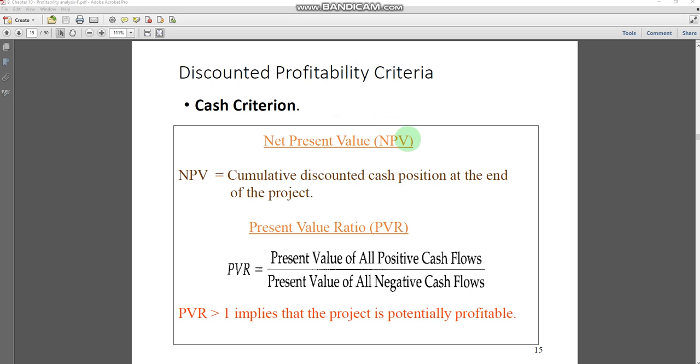The calculation procedure is the same. Next, the present value ratio is the ratio of the present value of the positive cash flows divided by the present value of all the negative cash flows. If the present value ratio is greater than 1, then the project is potentially profitable.